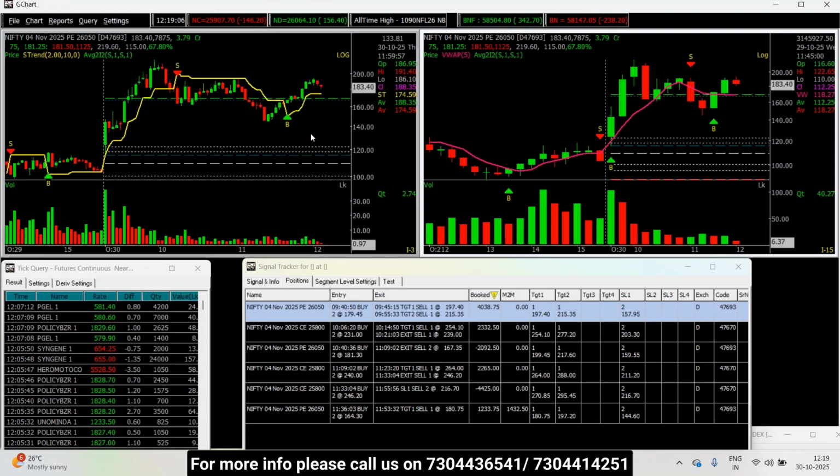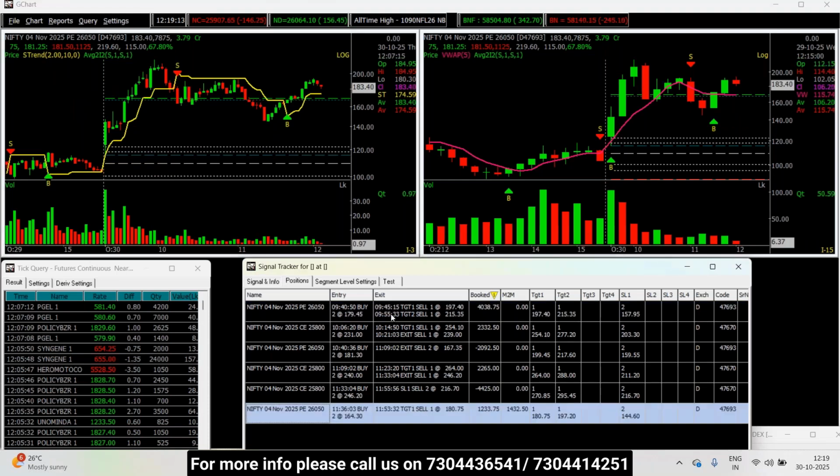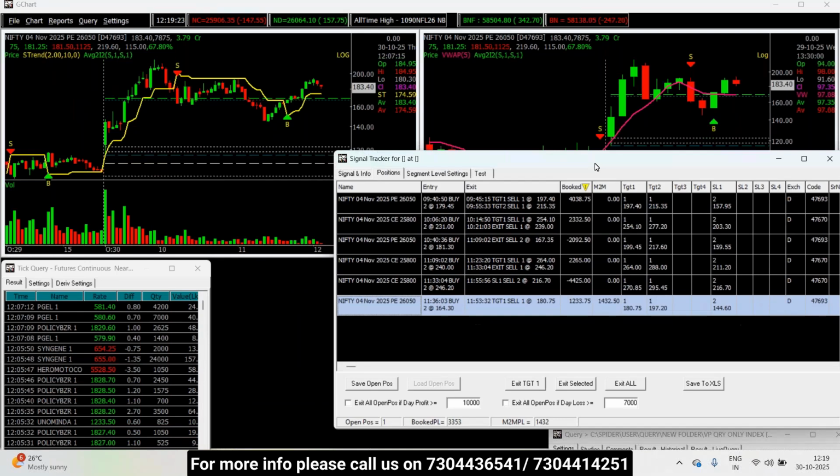Coming back to this, it's the current running position, as you can see. The open position is one. Already one target has been hit and it's waiting for the second target. If it hits, it will exit automatically.